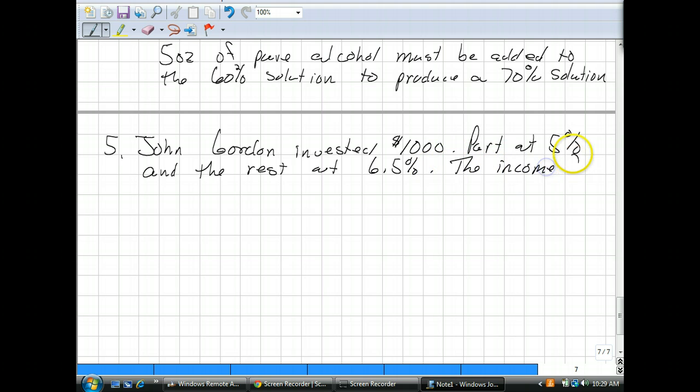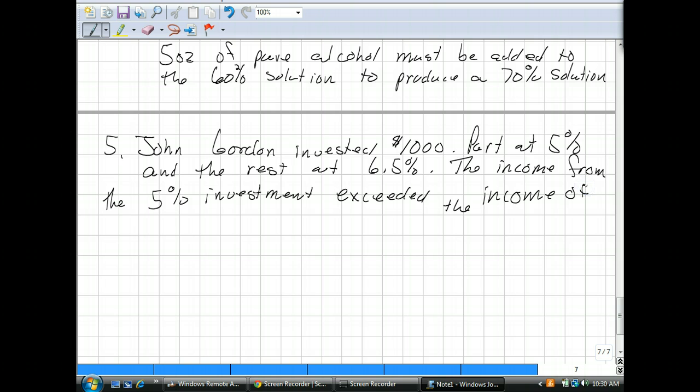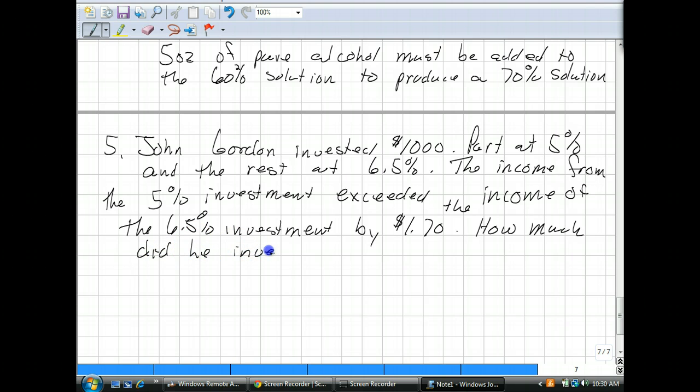The income from the 5% investment exceeded the income of the 6.5% investment by $1.70. How much did he invest at each rate?